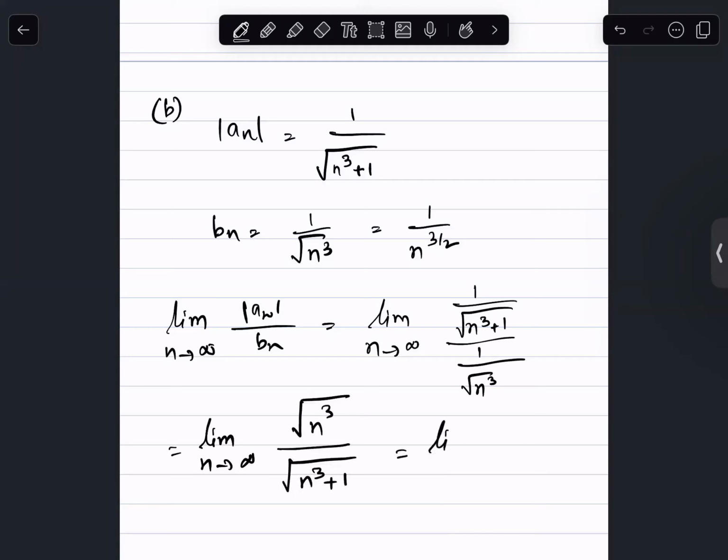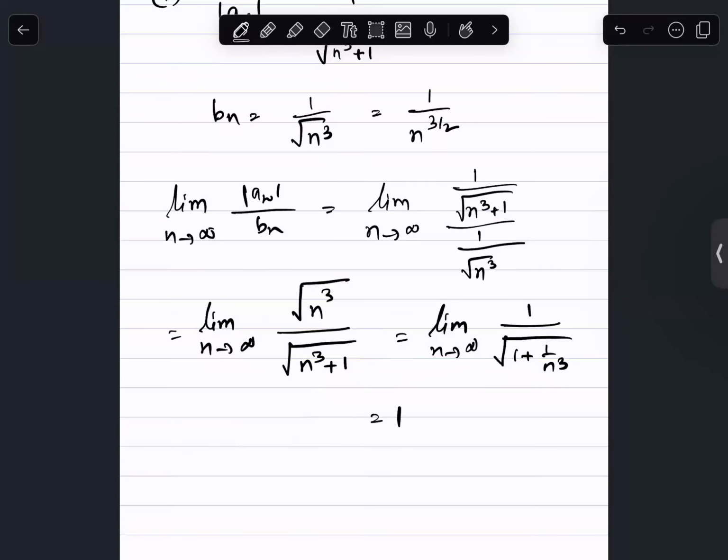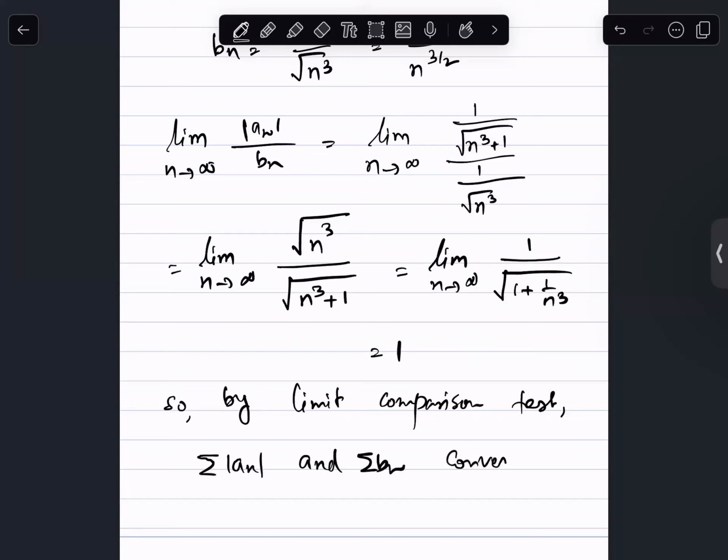But again, this is just the limit as n tends to infinity of 1 over 1 plus 1 over n to the third. Okay, and this is 1. So by limit comparison test, summation modulus an and summation bn converge or diverge together.